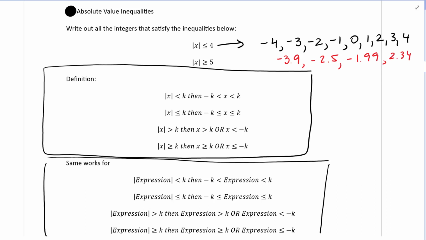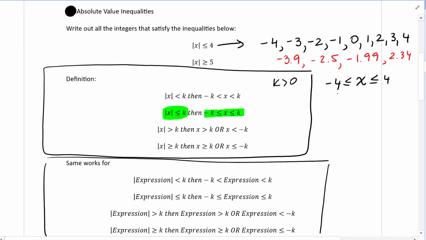But what I want to say is that the numbers x, not in absolute value anymore, are numbers that are between 4 and -4. So in other words, if we end up with an inequality in absolute value that looks like this, absolute value of x less than or equal to some k value, then x is between -k and k, where k is a positive value.